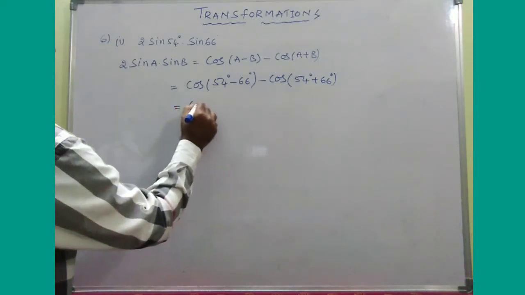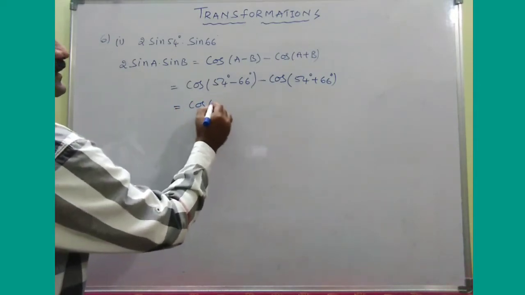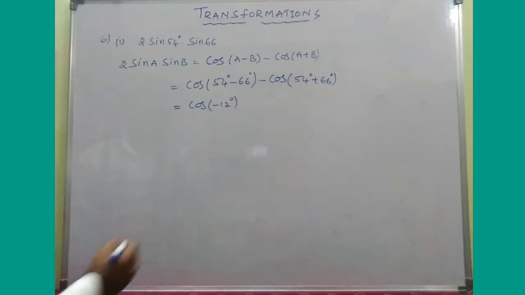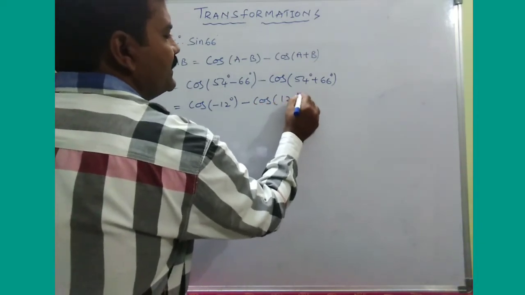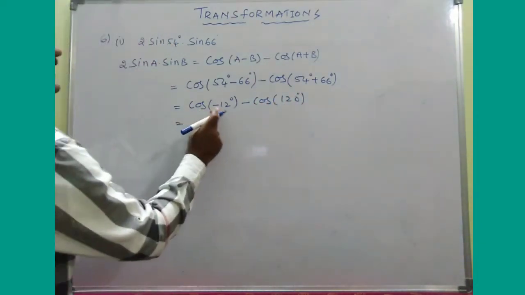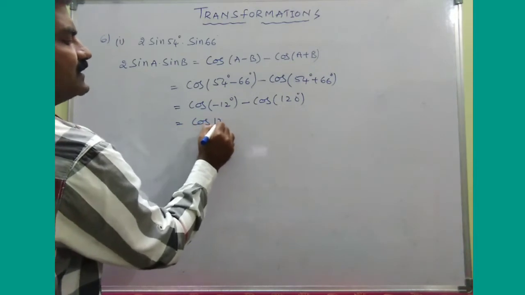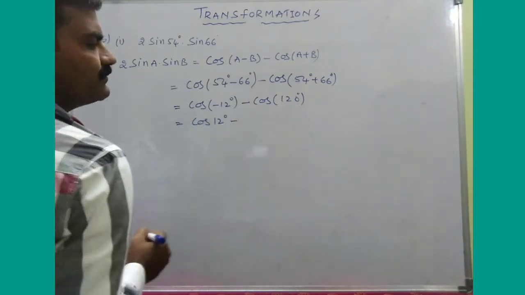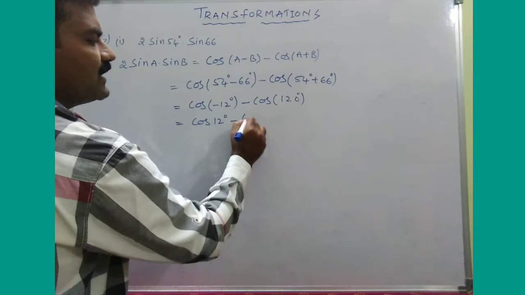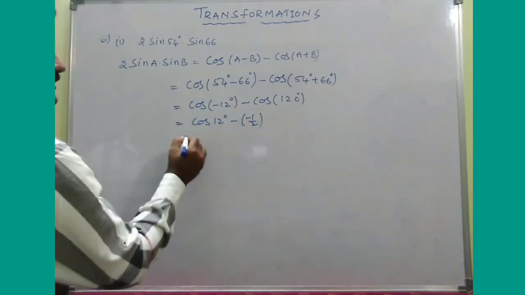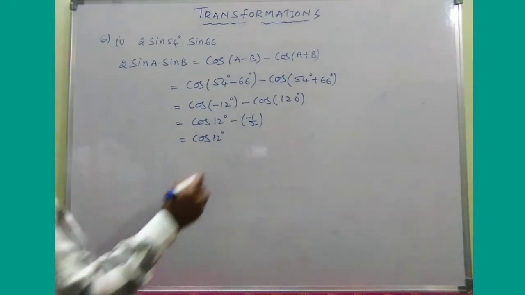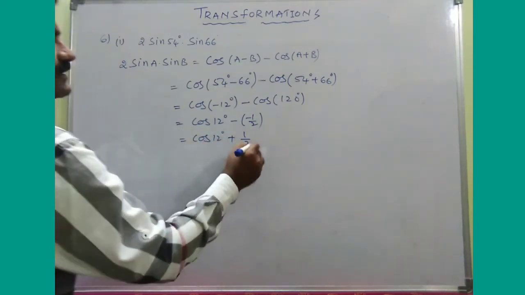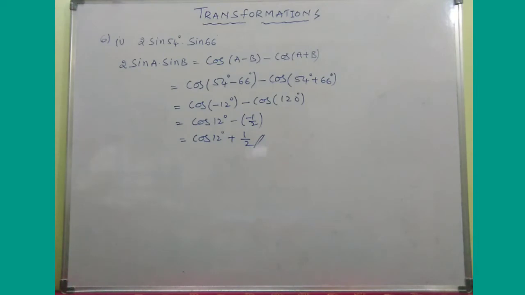So this is equal to cos of minus 12 degrees and minus cos 120 degrees. You know, cos of minus theta is cos theta, and minus of cos 120 degrees value is minus 1 by 2. So anyhow, we don't know the value of cos 12 degrees, you can leave it as it is, and this is minus of minus, plus 1 by 2.